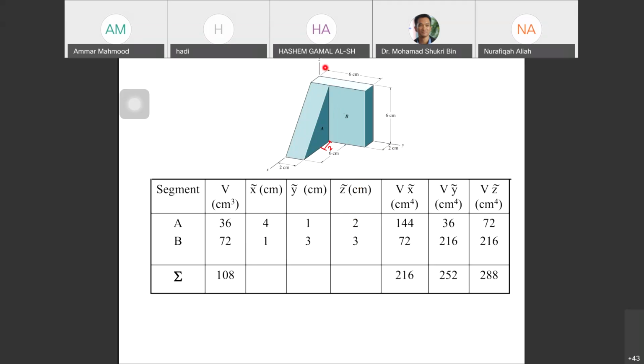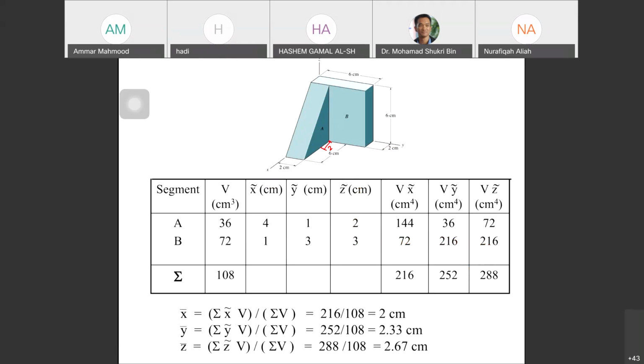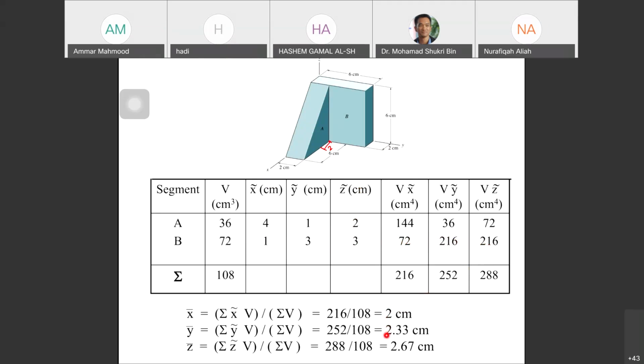So the z direction is this way. Same thing, you multiply V times x, V times y, and V times z. And then the final answer is x bar is 2, y bar is 2.33, z bar is 2.67. So this is your answer.